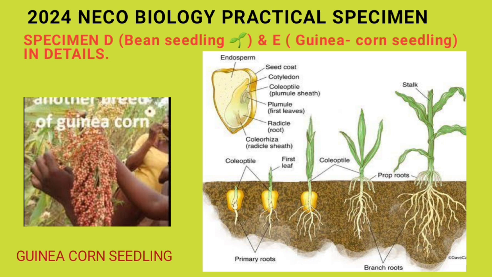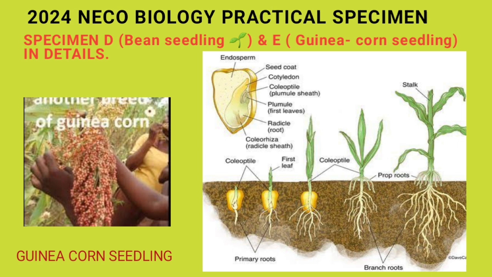Now the coleorhiza is the opposite of the coleoptile. Just like the coleoptile is protecting the plumule that will later form the shoots, the coleorhiza protects the radicle that will later form the roots. That is why the coleorhiza grows downwards into the soil. So this is another feature.